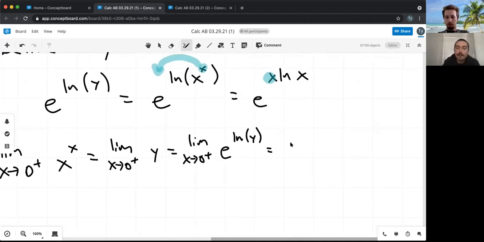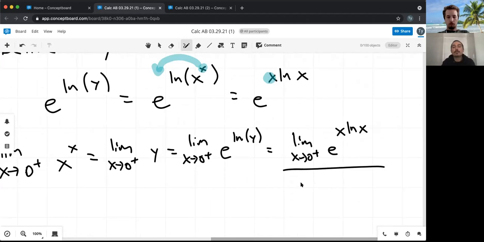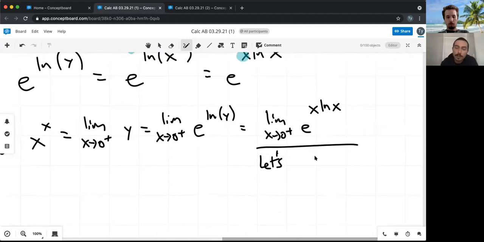And we just found that this is equal to e to the x natural log of x. So now this is our new problem we're working with. Does this look simpler? No, it looks much more complicated, but we can actually solve this.